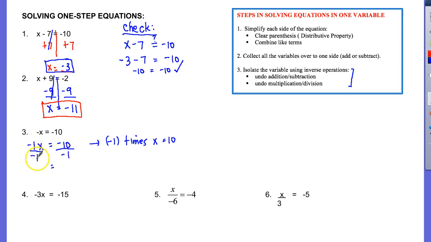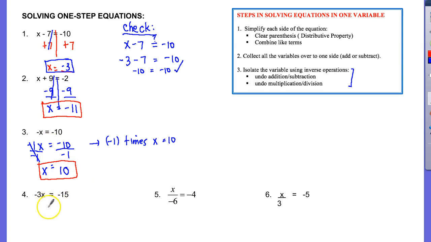So negative 1 divided by negative 1, that's just 1. And then you still have x, so bring down x. And then negative 10 divided by negative 1, that is positive 10. So the answer is x equals 10. So remember, when there's just a negative in front of your variable, that's actually negative 1 times x.